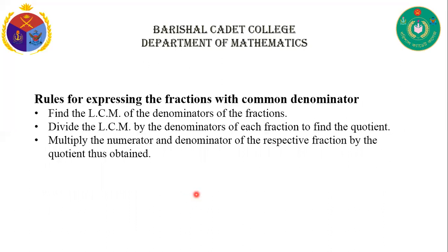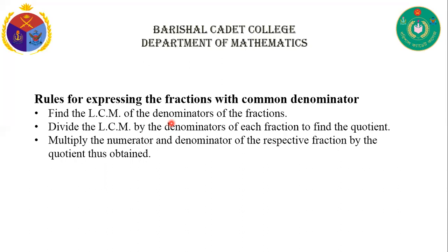Now, rules for expressing fractions with a common denominator. Number 1: find the LCM of the denominators of the fractions. Like in the previous 3 by 4 and 1 by 2, the denominators are 4 and 2. The LCM of 4 and 2 is 4.